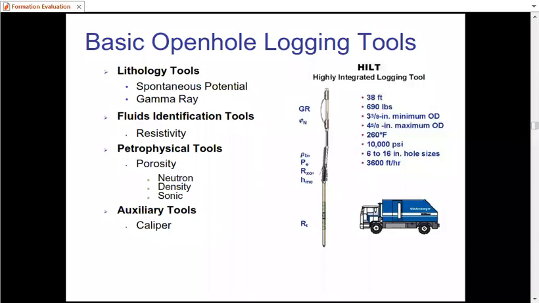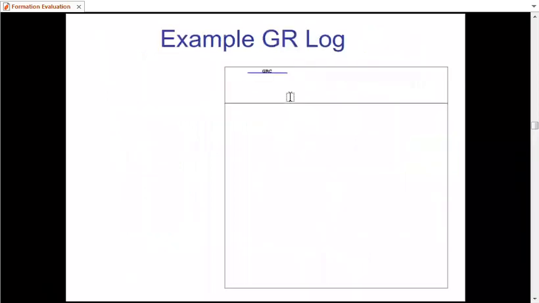And in day 1, we talked about the auxiliary tool, the caliper log, for borehole geometry. And also the calculation of cement volume using the caliper log.